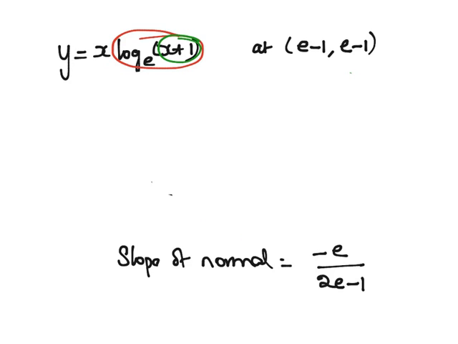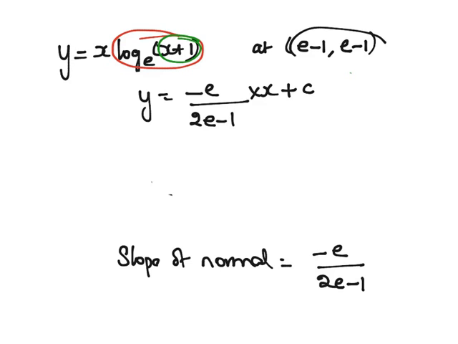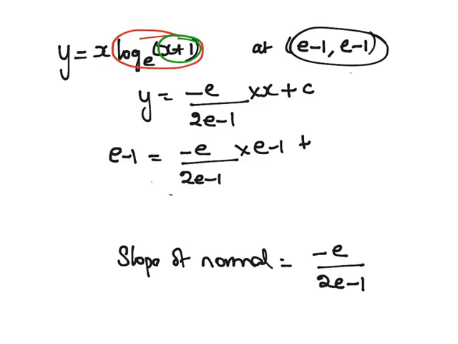So the equation of normal can be y equal to minus e by 2e minus 1 times x plus c. Now how do we find c? Very simple, substitute x and y as e minus 1. So I get e minus 1 equal to minus e by 2e minus 1 times e minus 1 plus c.